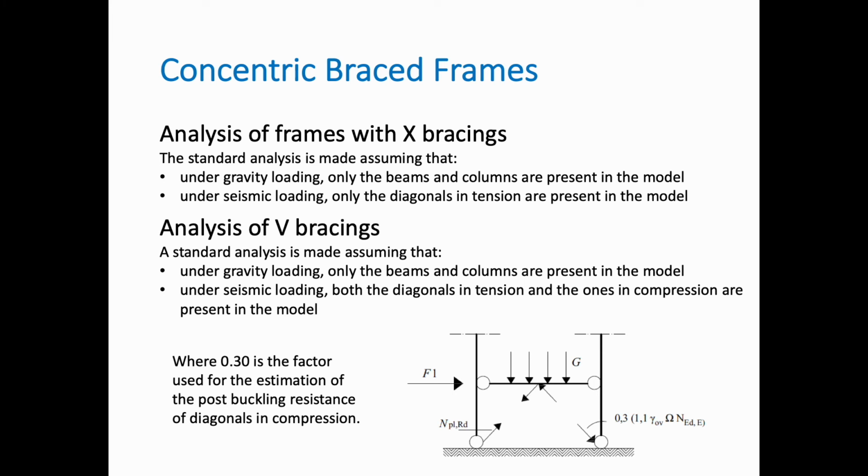So we're applying compression and tension in the same member, and there is a material degradation as we said before. So this 0.3 is the reduction of the capacity due to the local buckling that has happened in that member, and then the load is reversed, but there is a reduced capacity of that.